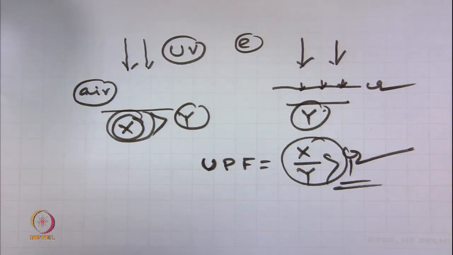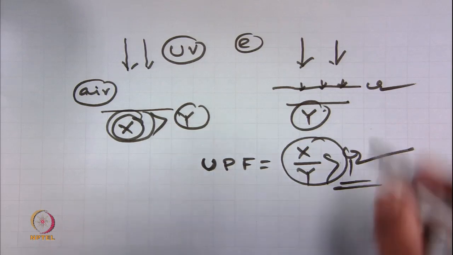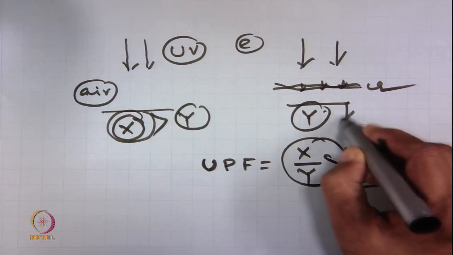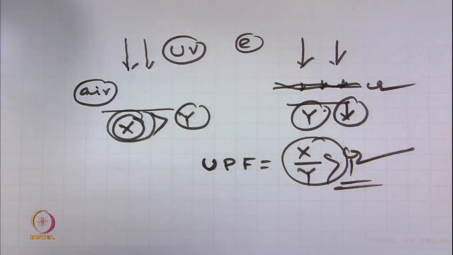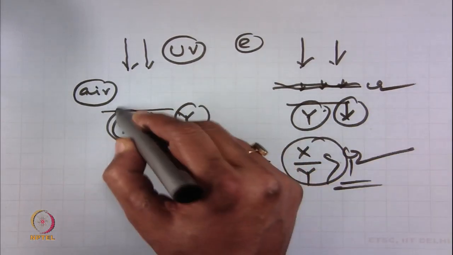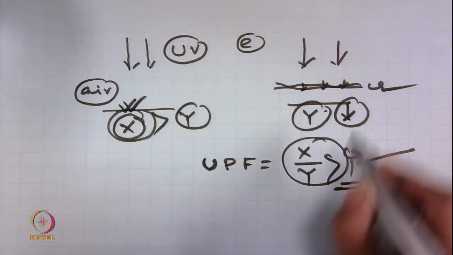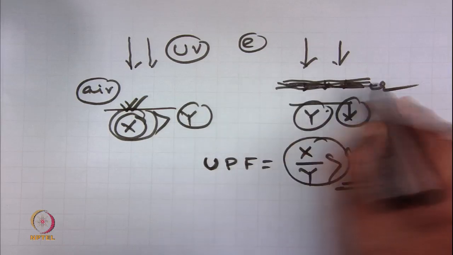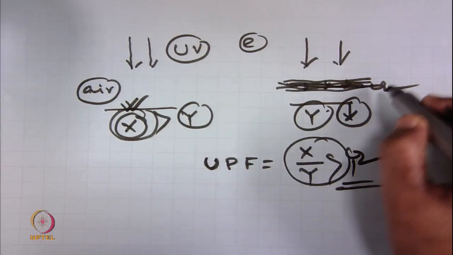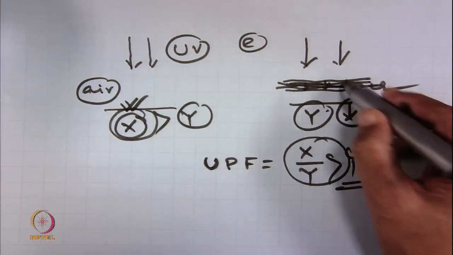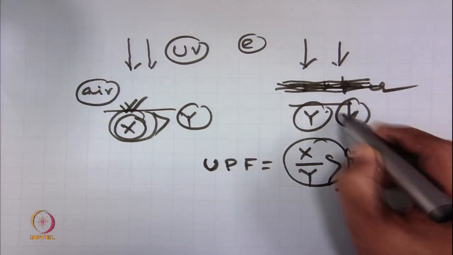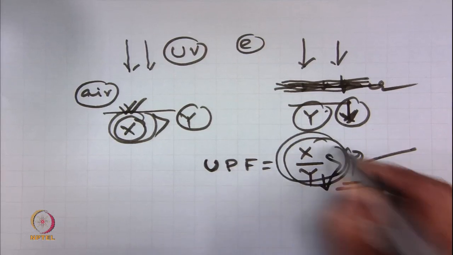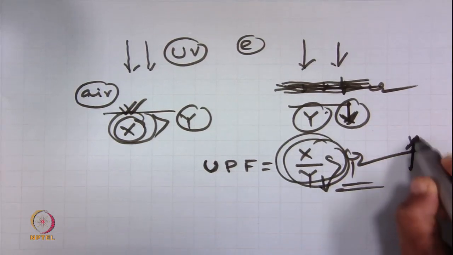So, with higher protection of the fabric, the value of y will gradually reduce, because x will remain constant. A fabric with higher UPF, higher ultraviolet protection, will allow less and less transmission. So, the y value will reduce, and if y reduces, the UPF value will keep on increasing.